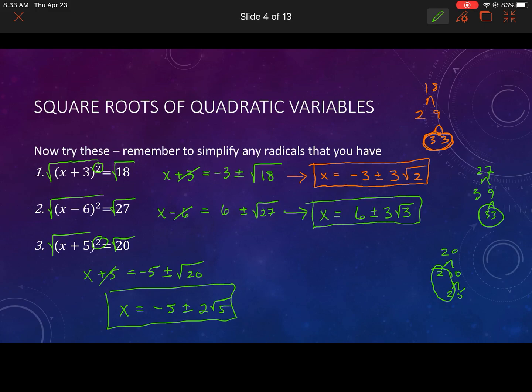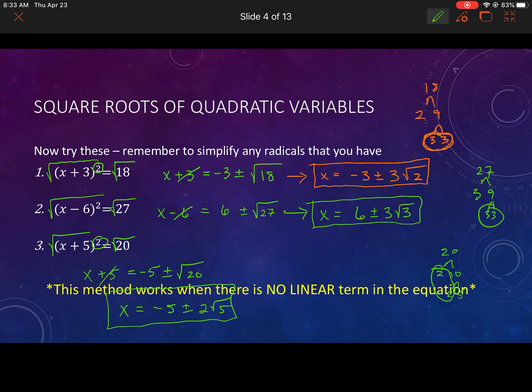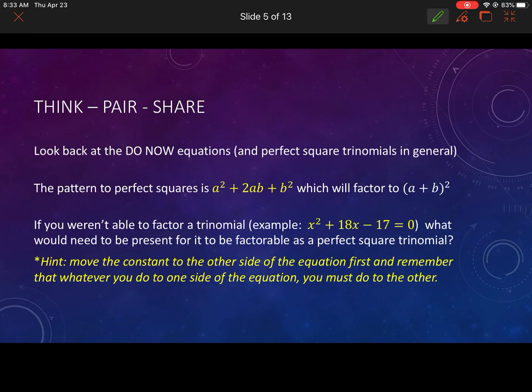All right, so let's talk about what we do if it's not factorable. How do we make something that's not factorable match one of our patterns, either a squared plus 2ab plus b squared, or a squared minus 2ab plus b squared?